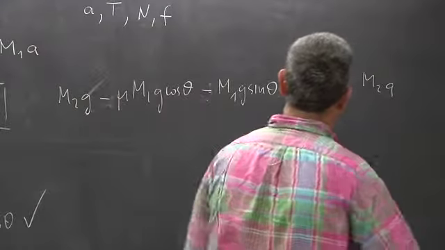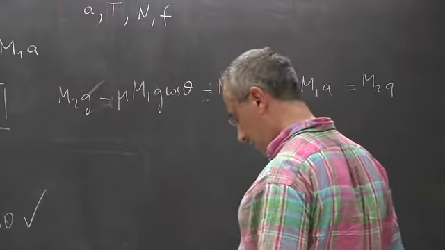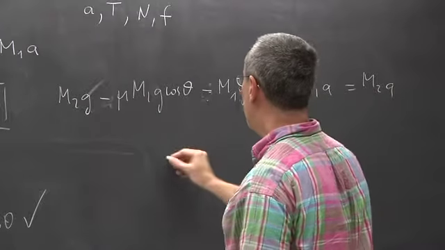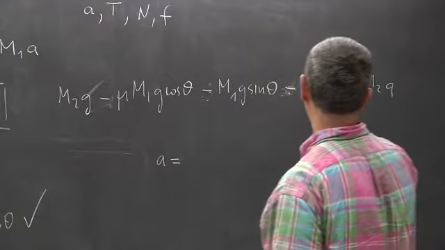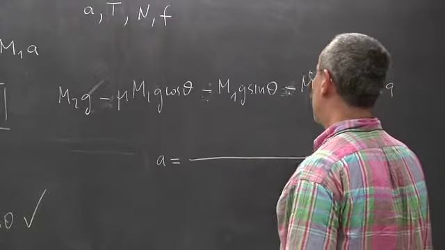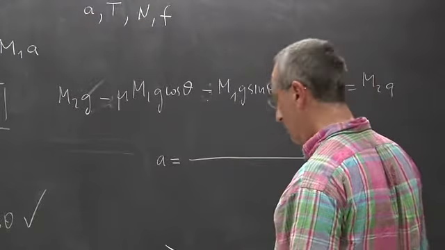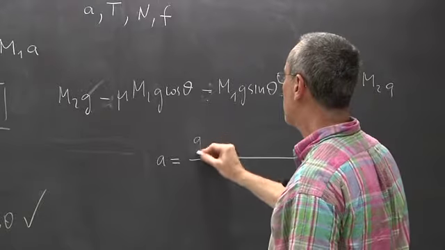I only need to determine what is a, and you see that a is equal to what? I bring this on the other side, and then I have everything on top. So you see I have g everywhere.